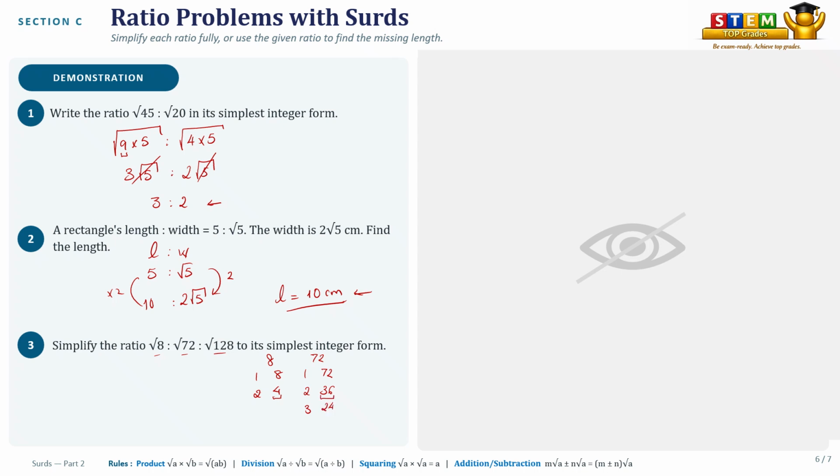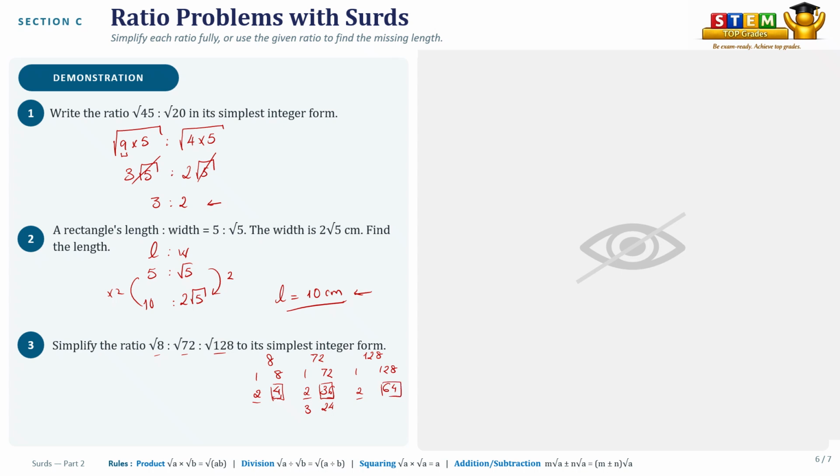Well, 36 is already our biggest square number, and we got 2 here as well. So I think that's where we stop for 72 and 128. So that's going to be 1 and 128, 2 and 64. And we got 2 here, and you will notice these are square numbers, all of them.